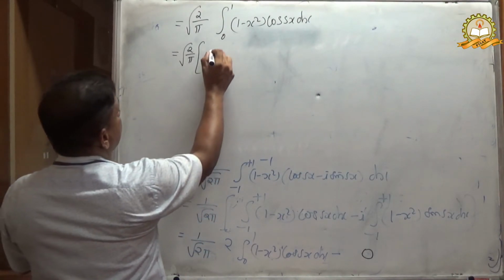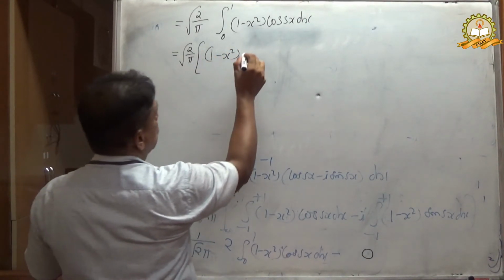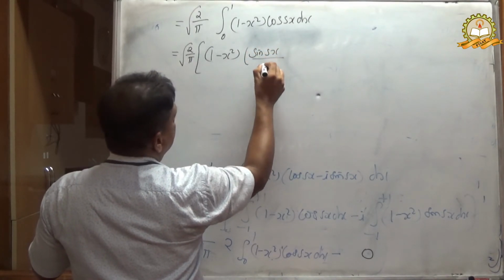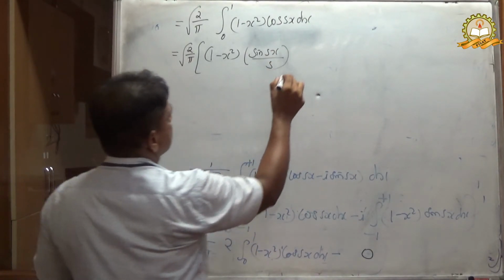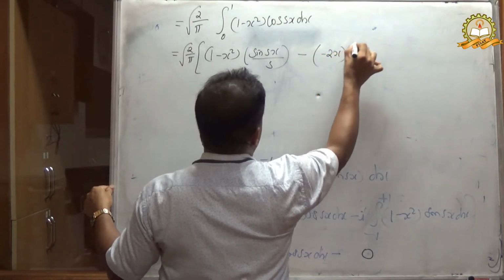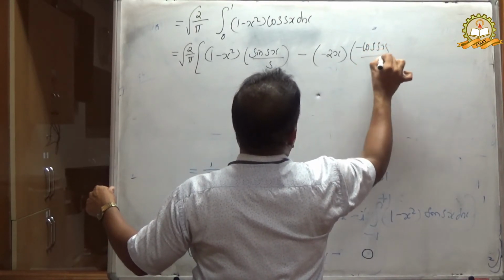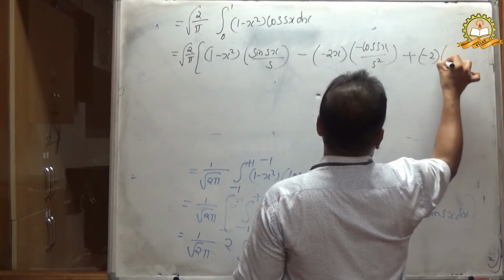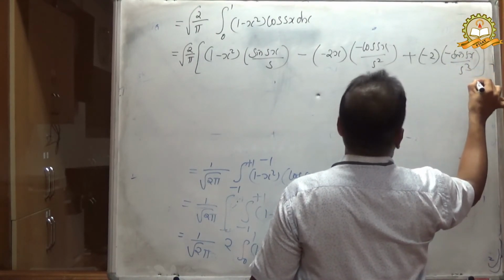Here we take 1 minus x square as the first function, into the integral of cos sx, which is sin sx divided by s, minus the derivative of 1 minus x square, minus 2x, into the integral of the second function, minus cos sx by s square. Then the third term, plus minus 2 into minus sin sx by s cube, from 0 to 1.